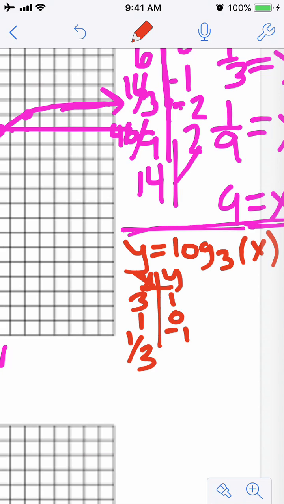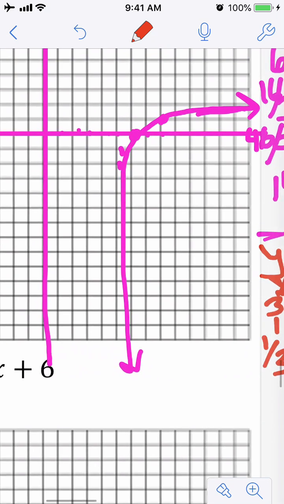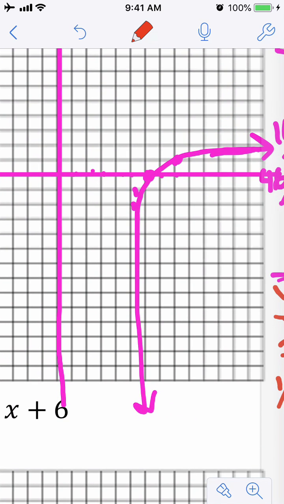We've done this one probably twice now. We're going to plot that on the same graph. Let's see. We had 3, 1, 0 there, and then it went down like that, right? Next one was 9, and then I think the next one's 27, so it went like that. And then, of course, it kind of skims the y-axis. All right, so that's our parent function.